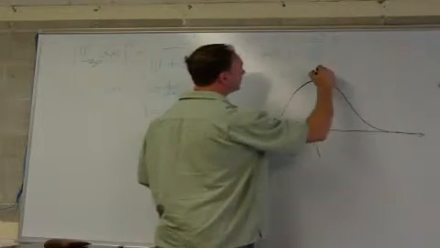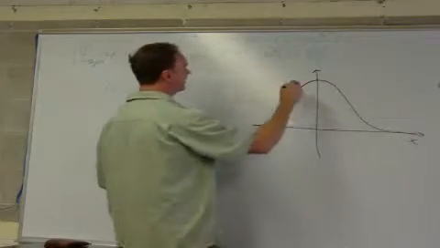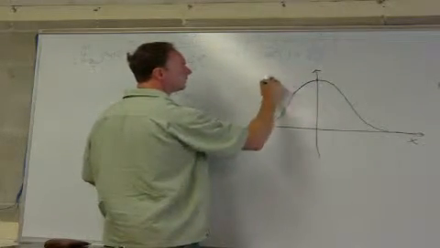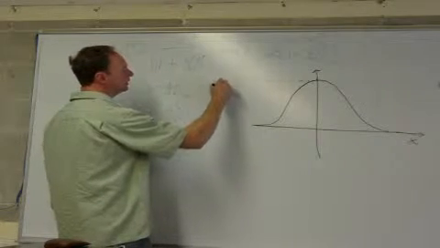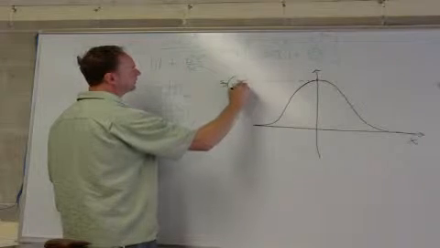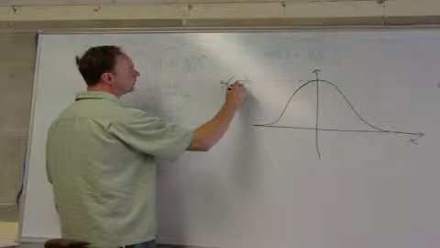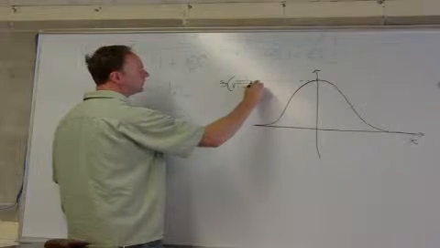So now this is x, and here's my Gaussian. This amplitude is a function of 1 over the square root of 1 plus d squared t squared.